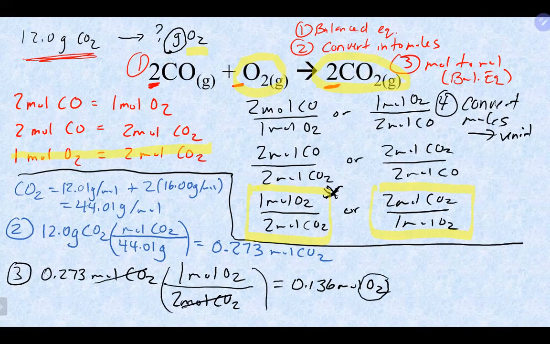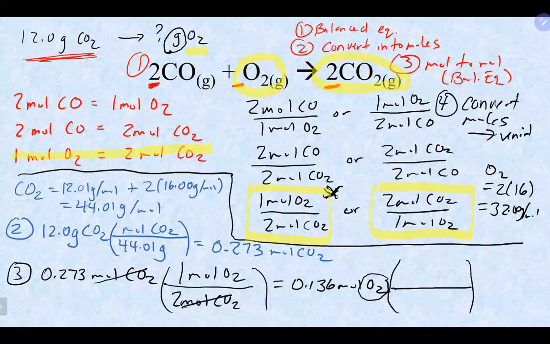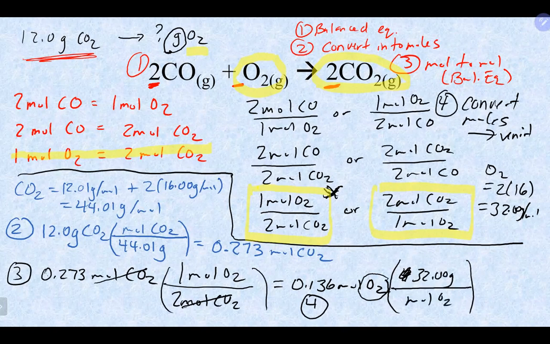And O2 is obviously 2 times 16, gets you 32 grams per mole. So we'll use that as our last step here, which is step number 4, converting our moles into grams using 32 grams per mole of O2.